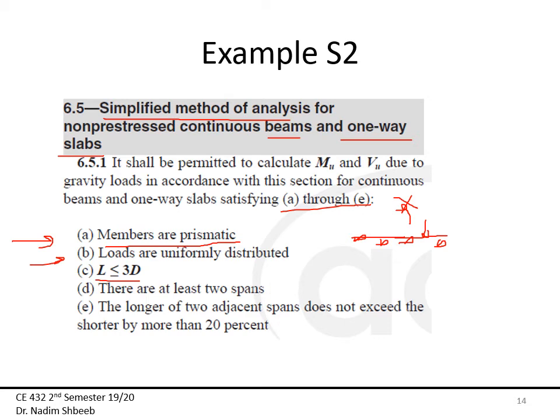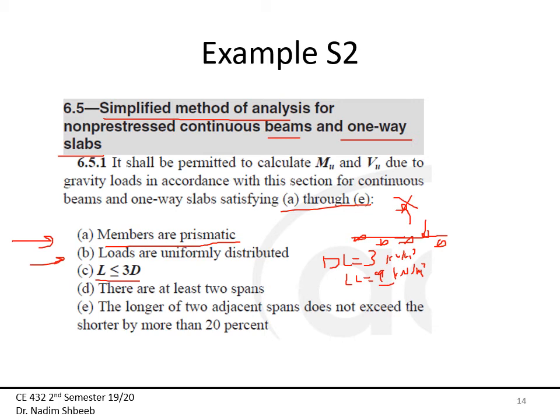So that's the maximum I can go for live load. Let's say, just pulling numbers here, my dead load is 3 kilonewton per meter squared, then the maximum live load allowed would be 9 kilonewton per meter square. Again, it's 3, that's the ratio that needs to be upheld.